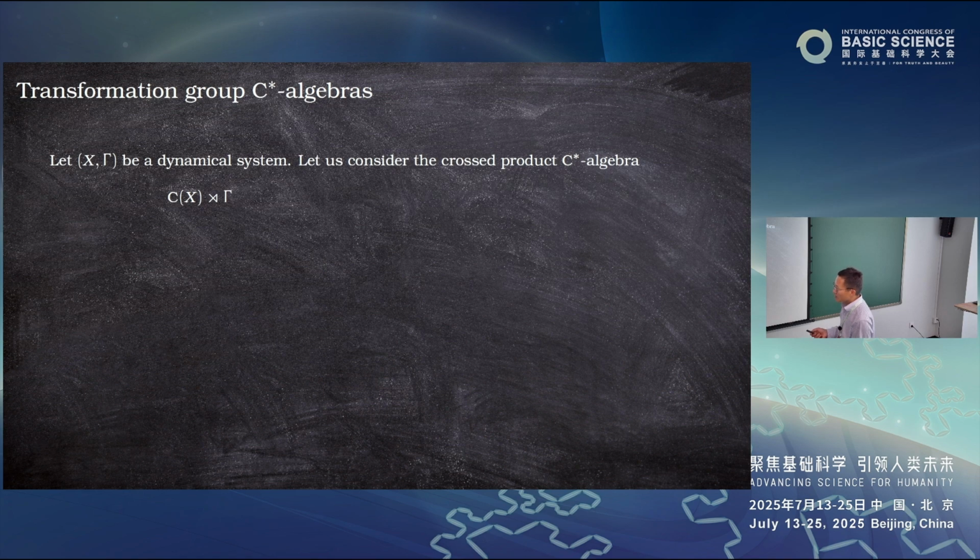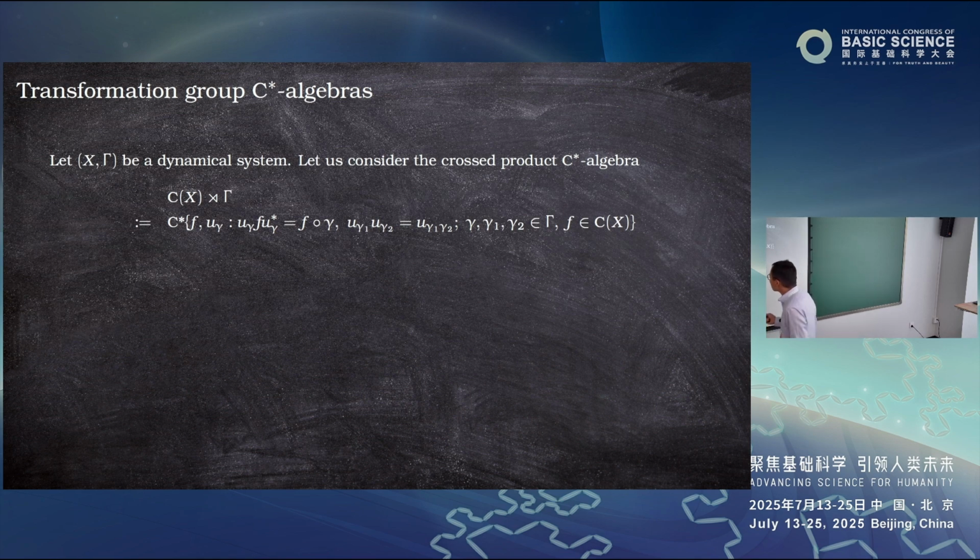And now we want to put all the information together to have a bigger and more complicated, or more interesting, C-star algebra. We do it in the following way. So we have a new C-star algebra, and what are the elements, or what are the generators, of this C-star algebra?